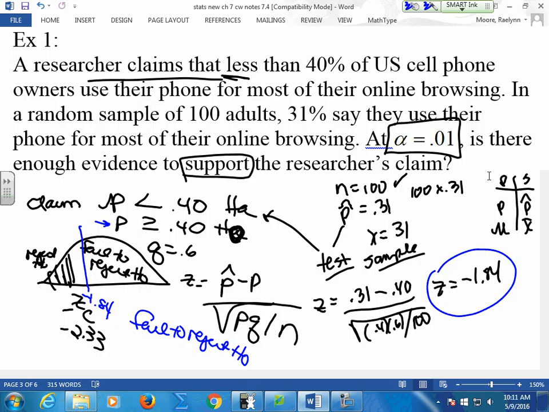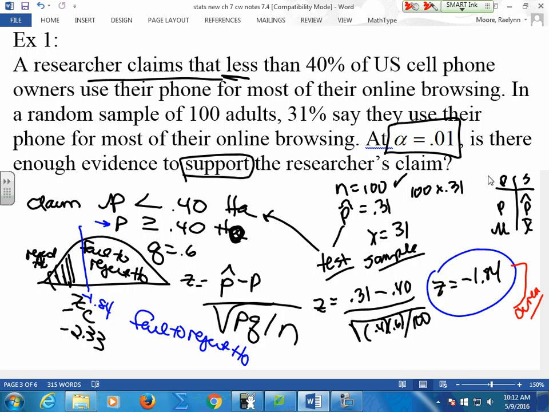Okay, now if I'm going to test p-val, which I very well can test p-val, I need to find the value in my table, the area associated with this z-score. How do I find that area? I look it up in what table? Table 4.